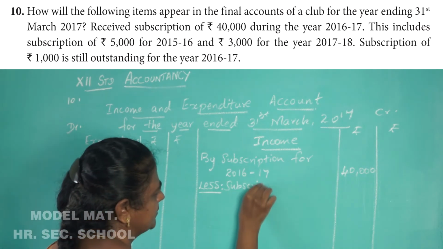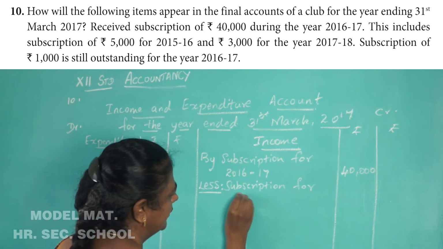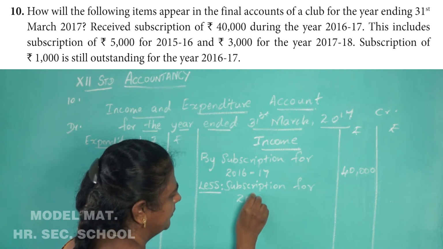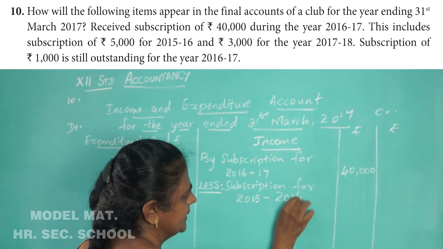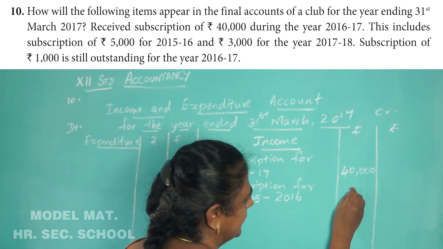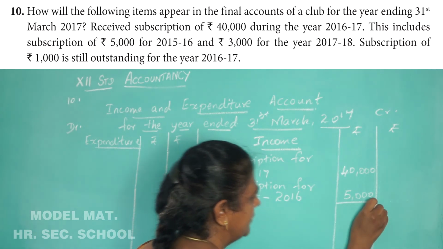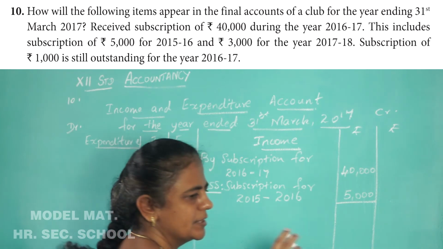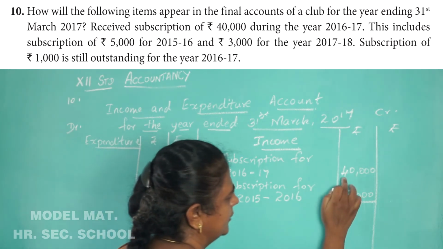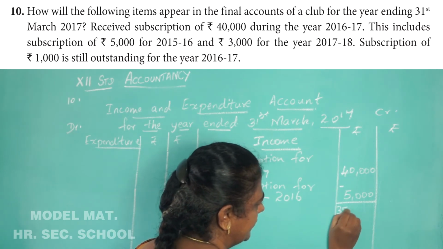Less subscription for 2015-16. That is the previous year. That you have to minus. Why am I deducting? Because in the income and expenditure account we must write only items related to the current year. So 40,000 minus 5,000, you will get 35,000.